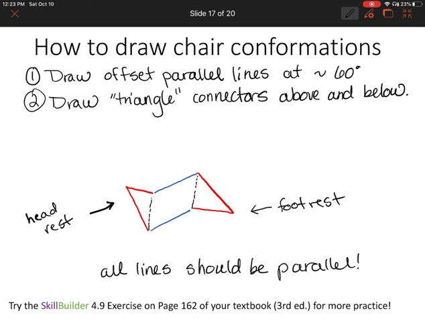So you can see mine aren't super perfectly parallel, but that's okay, as long as it's approximately parallel. And if you want more practice drawing chair conformations, I recommend going through Skill Builder 4.9 on page 162 of your textbook.